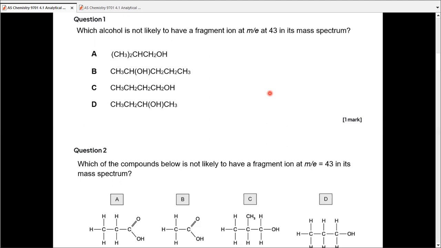Option D. B is in beta. D. You're correct. Well done. Why?